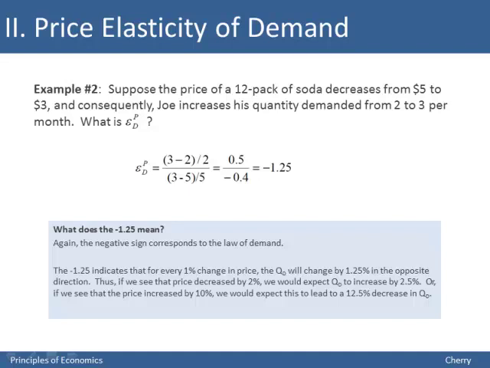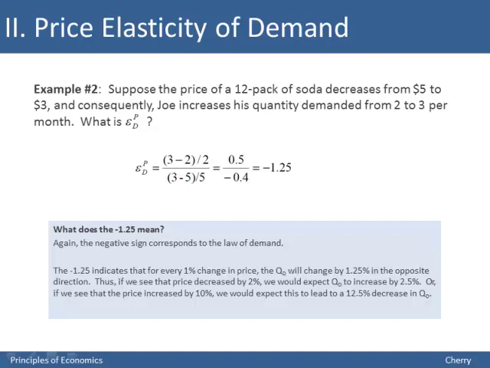So for example, if we see the price decrease by 2%, we would expect to see quantity demanded increase by 2.5%. Or another example, if the price increased by 10%, we would expect this to lead to a 12.5% decrease in quantity demanded.